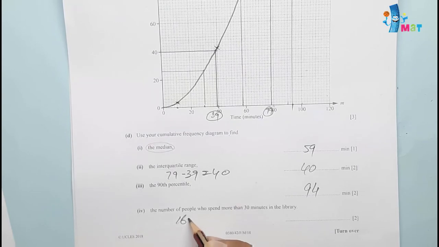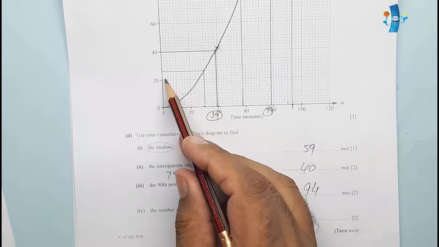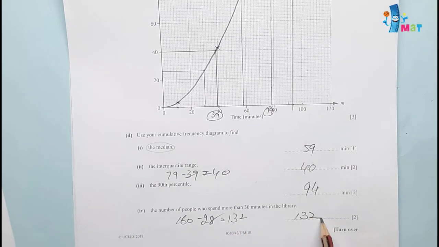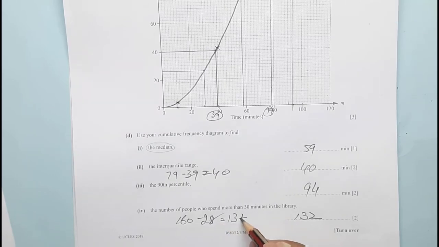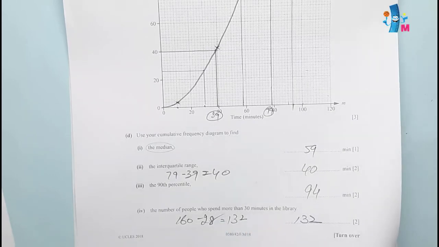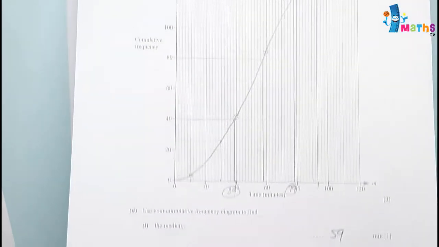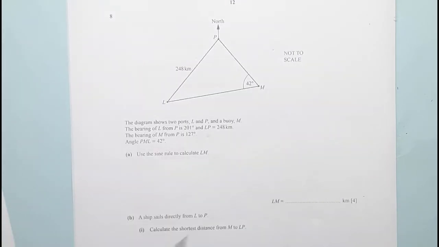So 160 minus 28, if our graph is showing 26 but I'm using 28. If you draw accurately, you will get 28, and this is equal to 132, so we can write 130. If you write 26, this is 134, which will also be correct. In these types of questions they give a range as the answer, so don't worry about that.